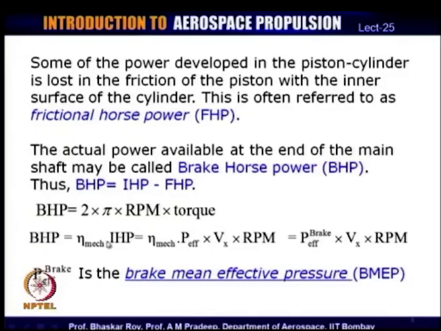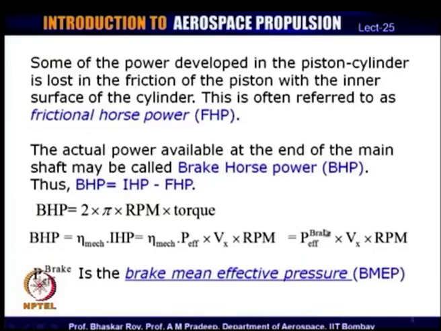The BHP can also be written down in terms of IHP into the mechanical efficiency of transmission of the crankshaft, and that again into the various parameters here, the P effective, the total volume, and the RPM, as a result of which we get a parameter which we call P effective brake.